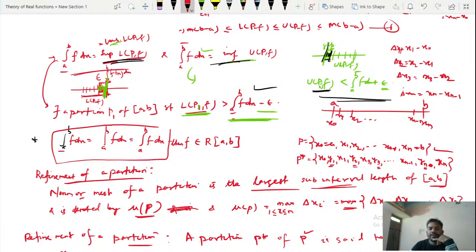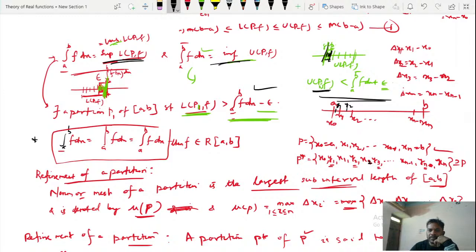That's why this is a superset of P. Here I have added y1 between x0 and x1, and similarly y2 between x1 and x3.